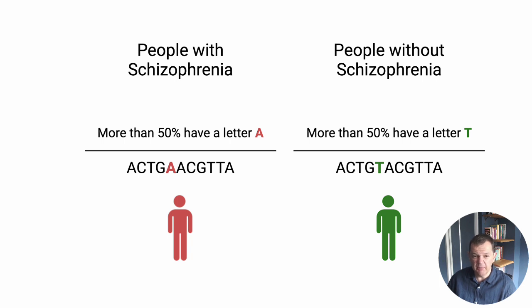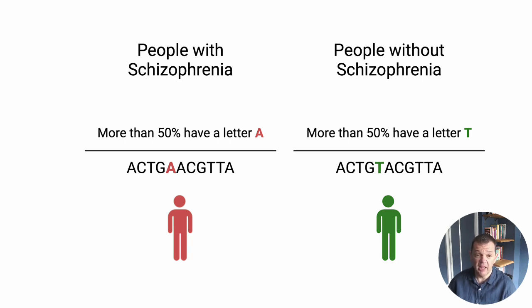But in people with schizophrenia, this A letter here is slightly more common than it is in people without schizophrenia. It's not a big difference. Most people have the same letter, in fact, at that point. Most people have the letter T. But in people with schizophrenia, the letter A is slightly more common. And so in this instance, the letter A would be what we say is associated with schizophrenia.